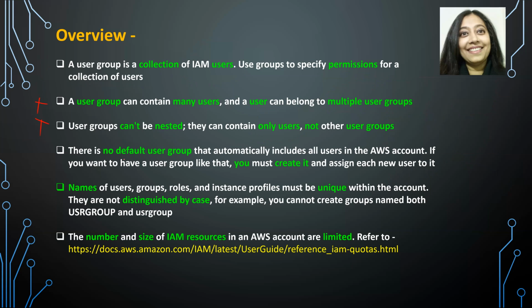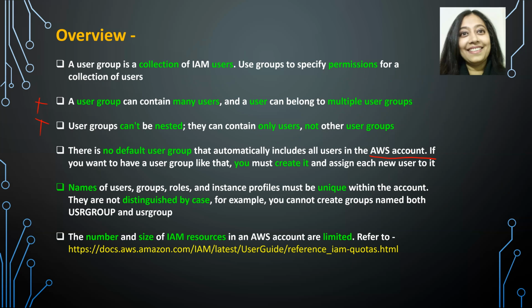There is no default user group that automatically includes all users in the AWS account. Now, a lot of systems typically have a default user group, but there is nothing like that in AWS. Let's say if you wanted to have something like that, then you will have to create that user group and assign users to it.